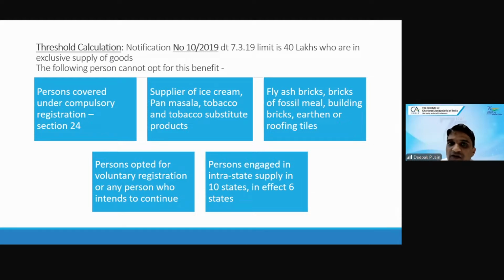Other things are fine, because once you're voluntarily registered, you cannot opt for it. And if you're compulsorily required to register, then also you cannot. And persons who are engaged in intra-state supply in these 10 states, I'll come to that in the next slide. So the 40 lakh limit applies to those dealing only in supply of goods, except ice cream products and bricks products.